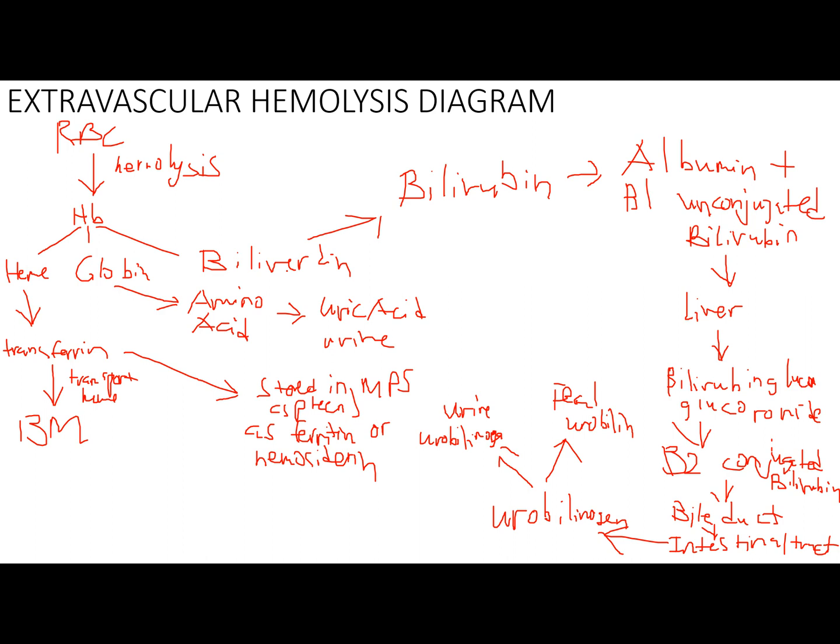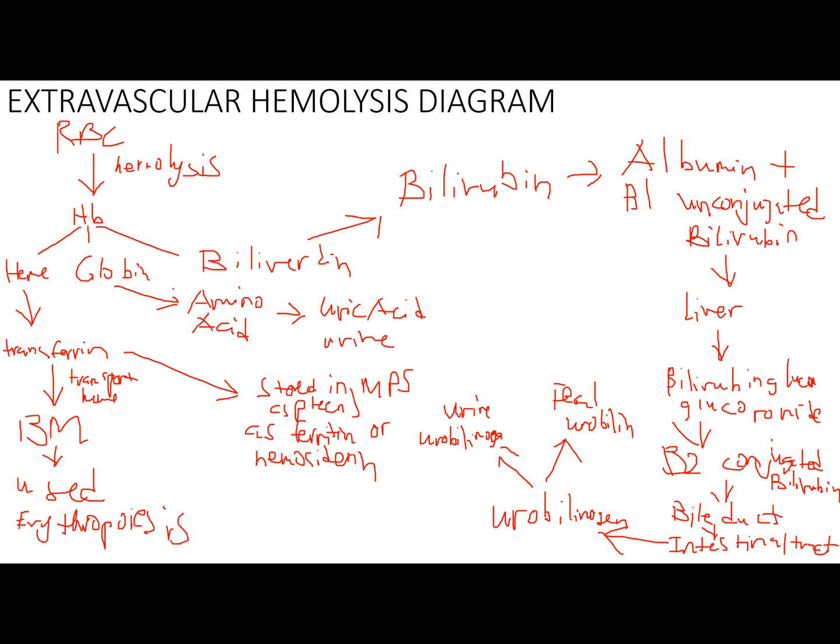Ita-transport niya sa bone marrow, or ita-transport niya sa mononuclear phagocyte system, specifically sa spleen, to be stored as ferritin or hemosiderin. Sa bone marrow class, pag na-transport yung iron dyan, it would be used in erythropoiesis. So, yan ang nangyayari dyan.